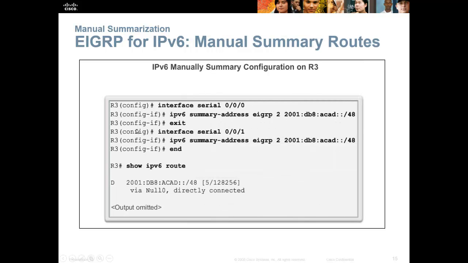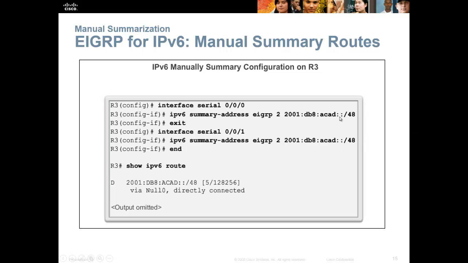And then you can also summarize in IPv6. So again, we go to the interface, and then ipv6 summary-address eigrp, the autonomous system number, and the summarized address that we're going to put in. Let's say we're going to summarize 2001:DB8:ACAD:0000 and then 0001.